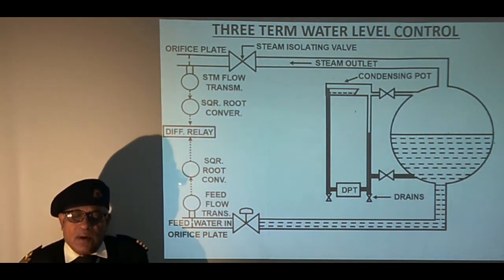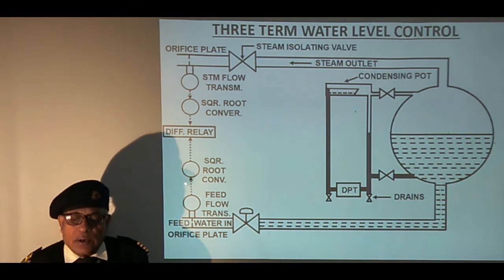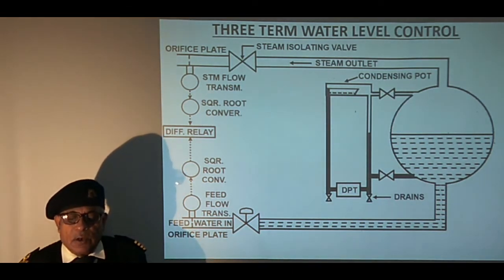As both steam and feed water flow transmitters provide square signals, they are passed through square root converters to make them linear, which are compared by the differential relay.